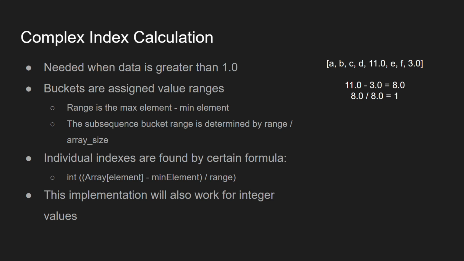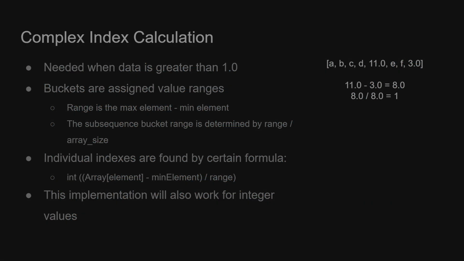To calculate each individual element's index within the actual bucket array, you take the element, subtract the min element from it to ensure it's in the range, and then divide it by the range, which will give you a specific index. This is very important because it allows us to use larger numbers and integers, which is very cool.